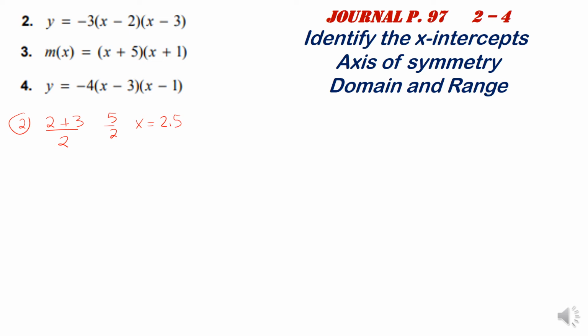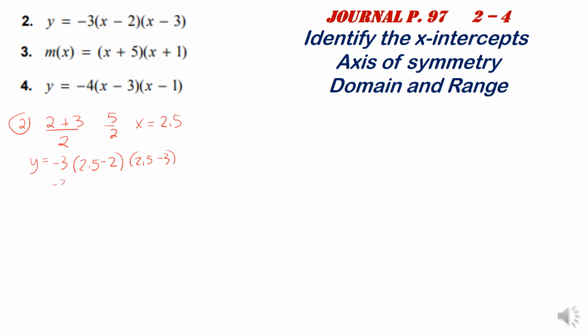Okay, and then we're going to go ahead and do the vertex. So we're going to go y equals, because we need the vertex in order to find the range. So we take negative 3, and I'm going to put the x in there, 2.5 minus 2, and 2.5 minus 3.